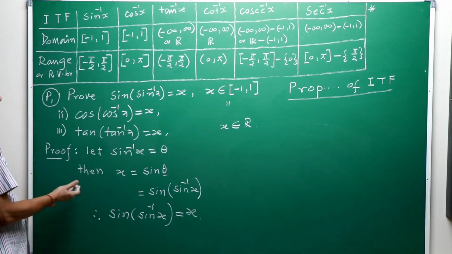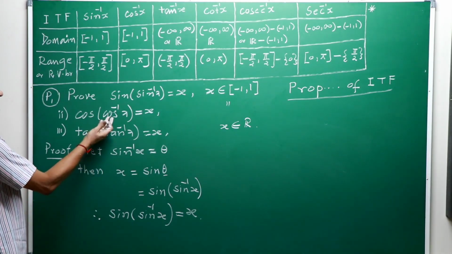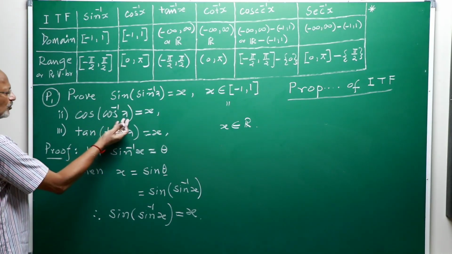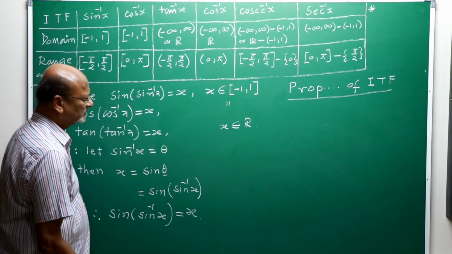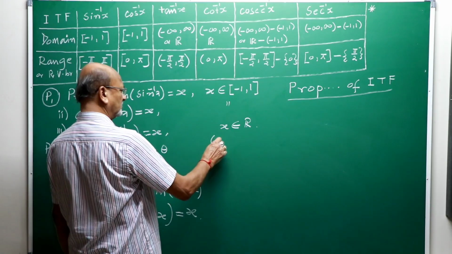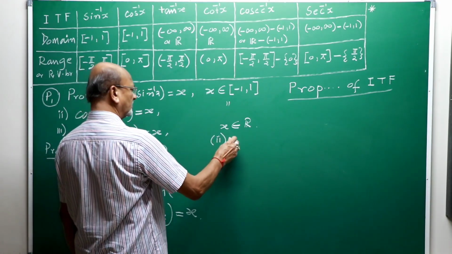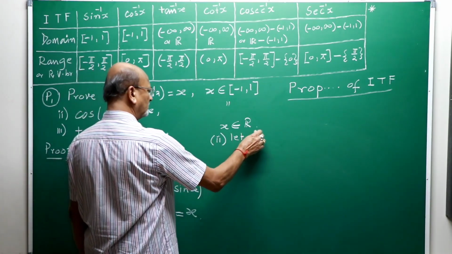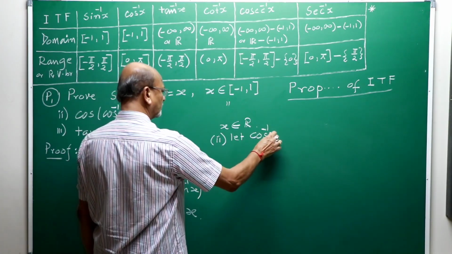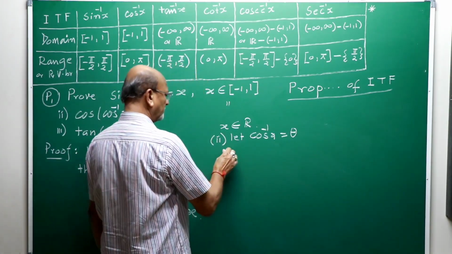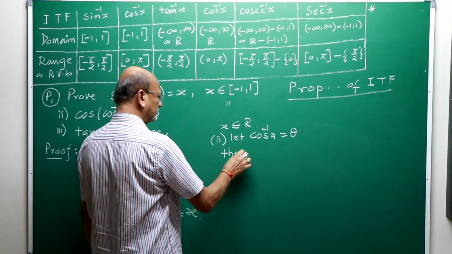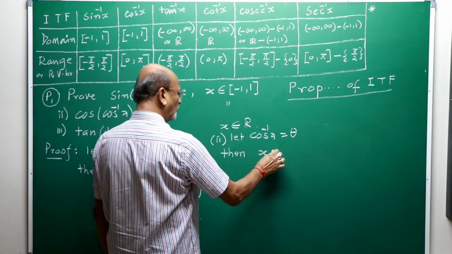On the same lines, for the second, what you have to do? Let cos inverse x equal theta. Then by definition, x is cos theta.